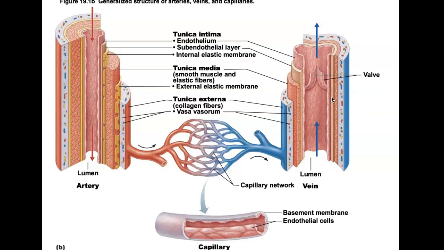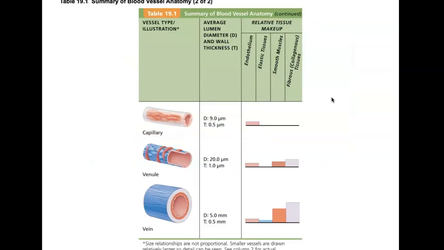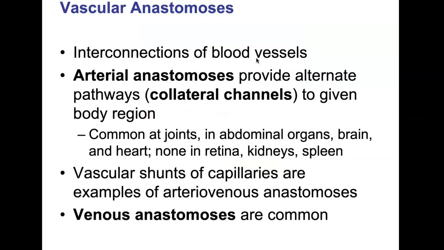So superficial veins, which receive little support from surrounding tissues, are specifically susceptible. So just like we reviewed by looking at an image of the main arteries, here is a summary of the veins, and we talked about the average lumen diameter and the relative tissue makeup as well.